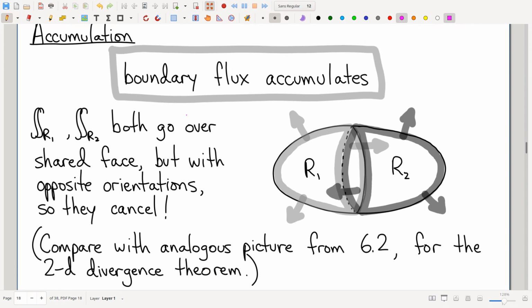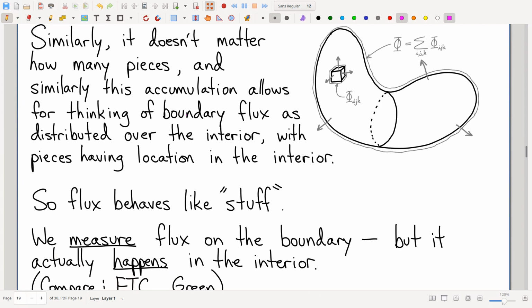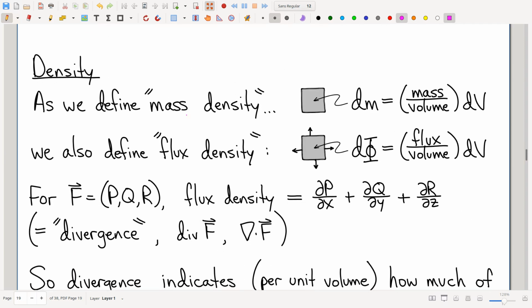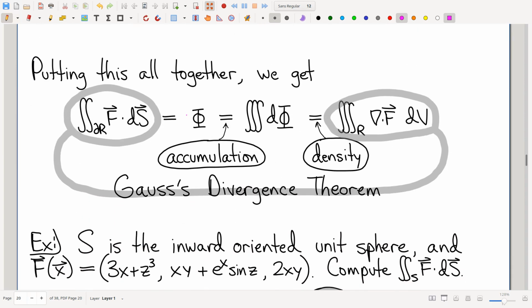We're going to make the case that accumulating quantities behave like stuff. They aren't physically stuff, but they behave like stuff, so you can pretend that it's stuff, and everything works out. And then we're going to talk about an associated density. Is this all ringing bells, I hope? If you go back through how we developed Green's theorem, it's the exact same sort of outline. And there will then be a resulting theorem.